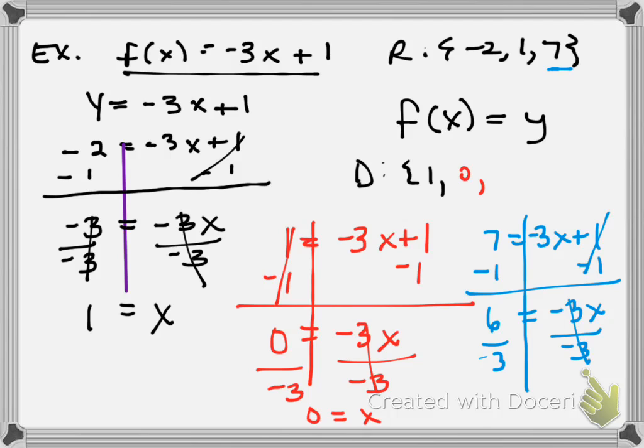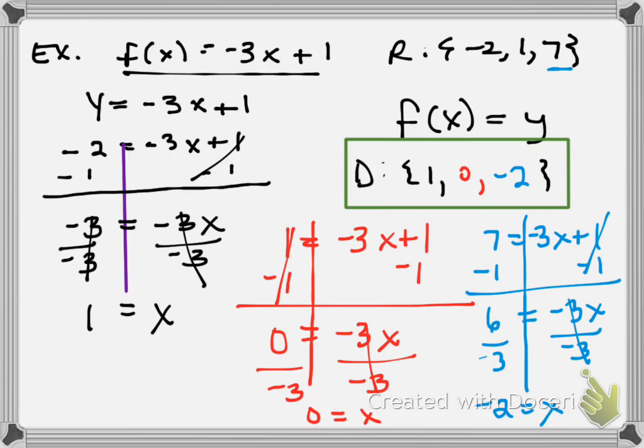What's 6 divided by -3? -2 equals x. And so then I stick that in there, and there's my answer. When you're doing a problem like this, you're going to have to do it 3 times in order to find your answer.